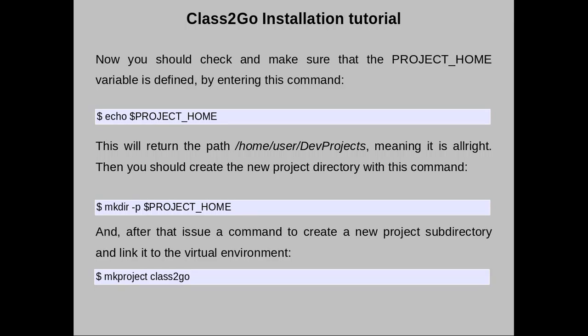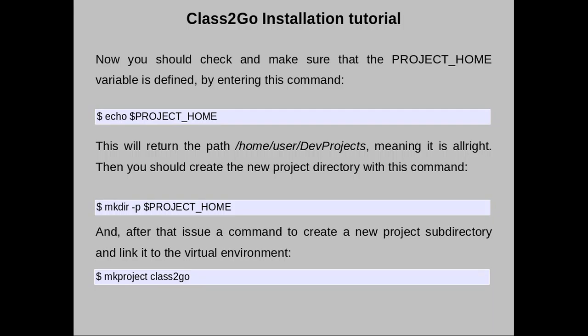Now you should check and make sure that the project's home variable is defined by entering this command. I'm not going to do that because it's very easy. This will return the path home user dev projects, meaning it's alright.